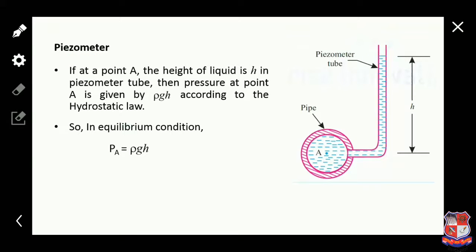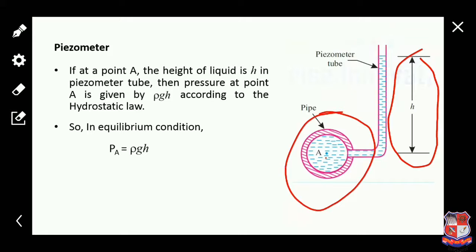Now we have to measure the pressure at a point A, and the liquid rises into the glass tube, as shown in figure, to a height h. Then pressure at point A is measured through rho g h according to the hydrostatic law.